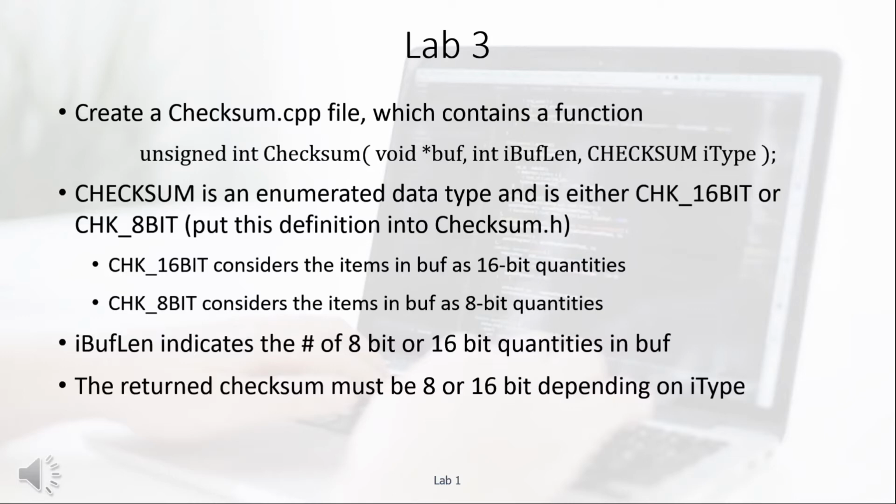So buff points to a memory location. iBufflen is the number of elements of a given type, iType, or size, iType, 16 bits or 8 bits each. And basically the checksum returned is going to be sized depending on whether we choose 8 or 16 bits.